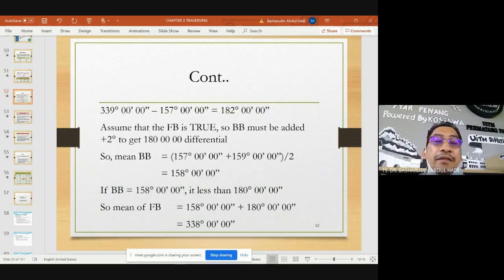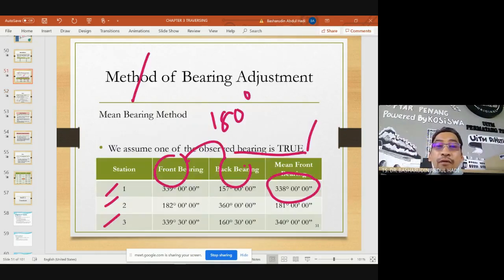339 degrees 0 minutes 0 seconds minus 157 degrees 0 minutes 0 seconds, so you get 182 degrees 0 minutes 0 seconds. And you assume that the fore bearing is true. You assume that this fore bearing is right.